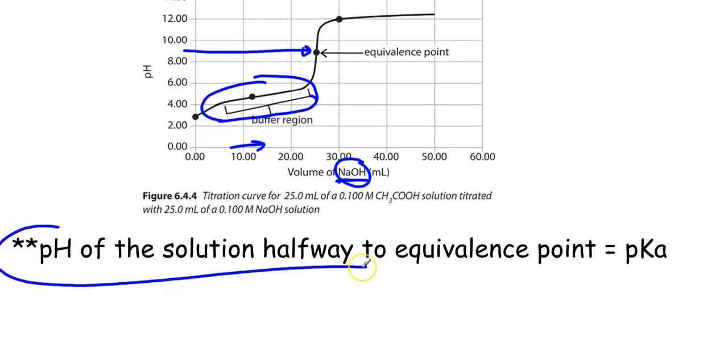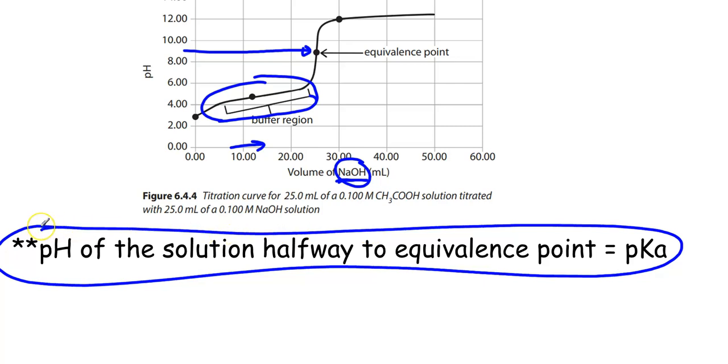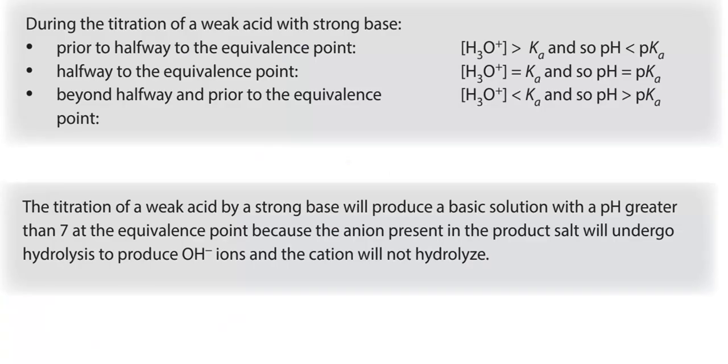The pH of the solution halfway to the equivalence point, which is actually what they're showing you right here, is when your pH is equal to your pKa. We're going to look at that in a bit. I would say this is an important thing to remember.